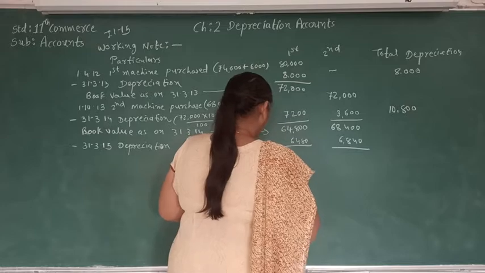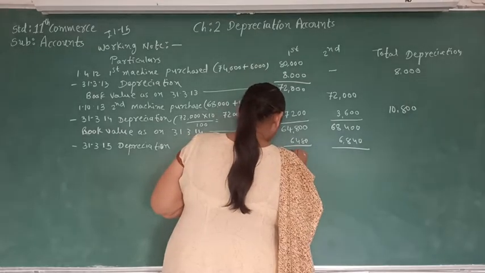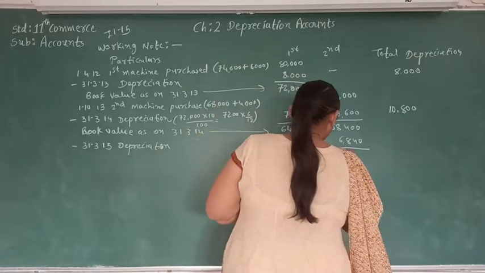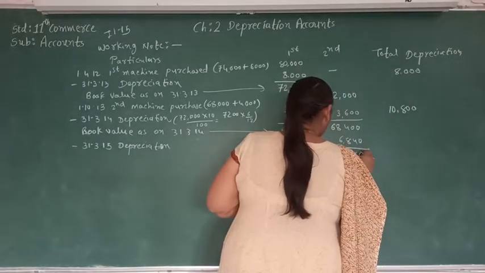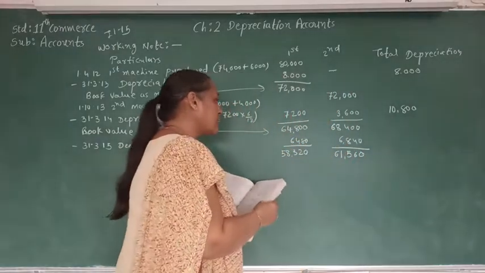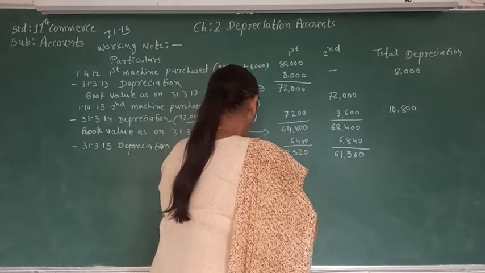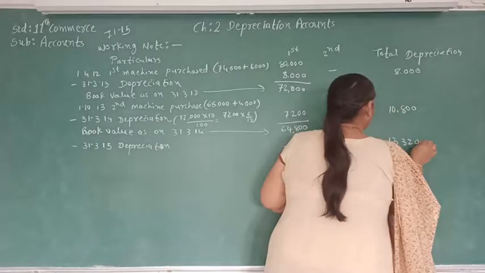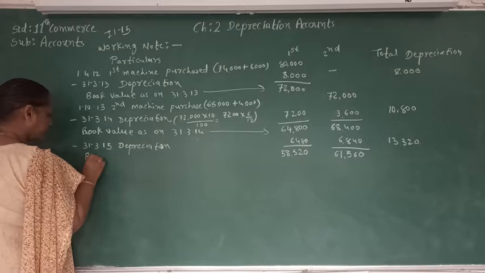It will be 58,320, and here it will be 61,560. So this is the book value as on 31st 3/15, and the total depreciation of this will be 13,320.